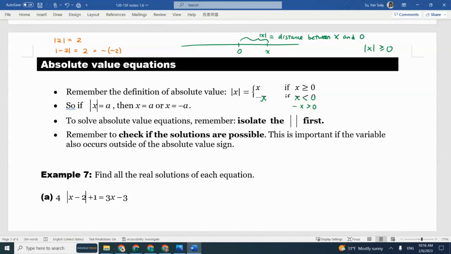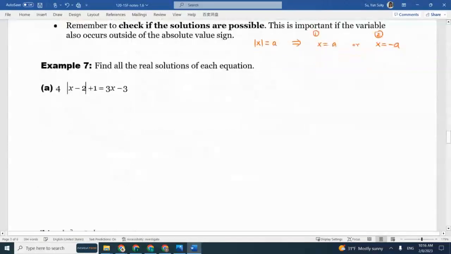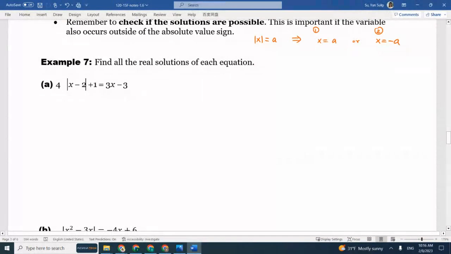All right, so how do we do it? Keep in mind, if absolute value of x equals a, that means we either have x equals a or x equals negative a. Therefore, when you solve equations involving absolute value, put a line there because we want to break them.